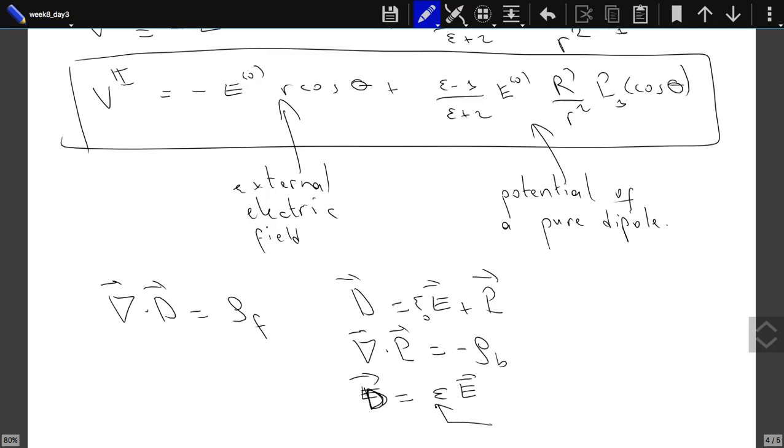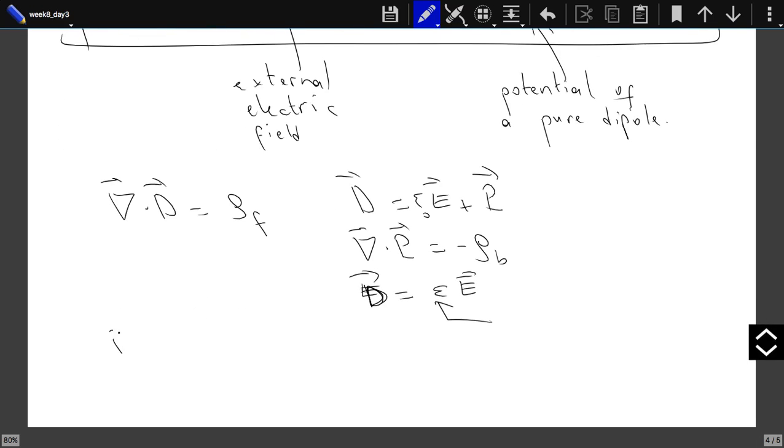And now, since we know the potential, we can calculate the electric field, and from the electric field, we can calculate the bound charges, or we can directly use the fact that P is equal to epsilon 0 chi e times E. Well, we know E. These are just material properties, so we know P. These are tabulated. We know P, the polarization.